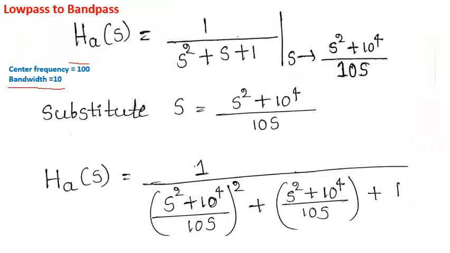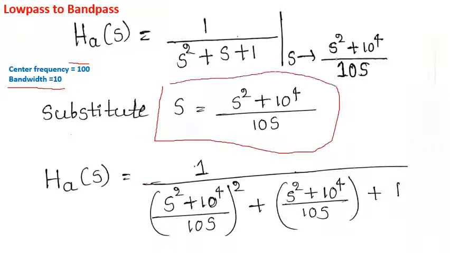Now, in order to transform a low pass filter to a band pass filter, we have to carry out this substitution in the transfer function of a low pass filter. This is the transfer function of a low pass filter given in the question. So in this transfer function, wherever there is S, we have to substitute it with S square plus 10 raised to 4 divided by 10S.